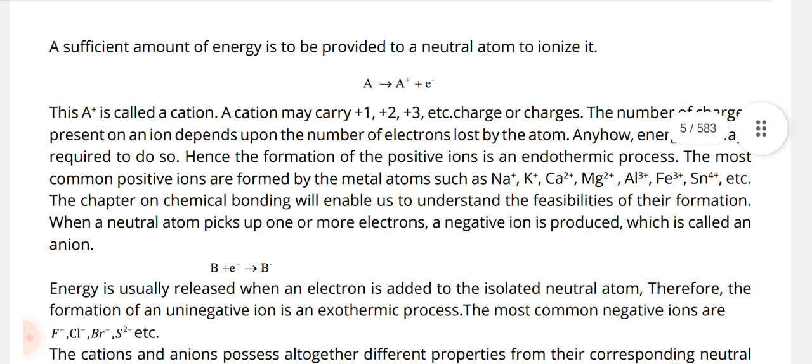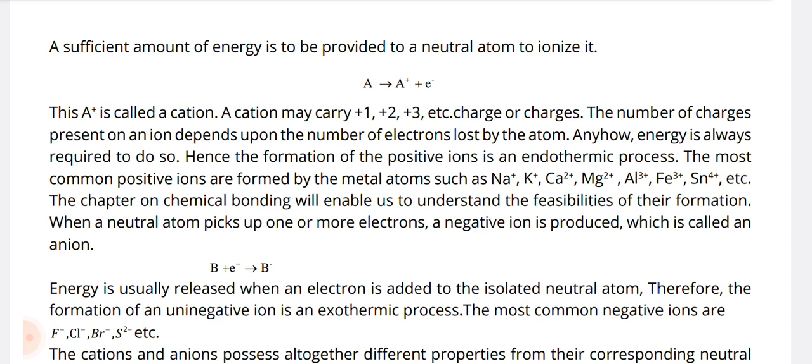A positive ion is called a cation. A cation may carry 1+, 2+, or 3+ charge. The number of charges present on an ion depends upon the number of electrons lost by the atom. Anyhow, energy is always required to do so. Hence, the formation of a positive ion is an endothermic process.